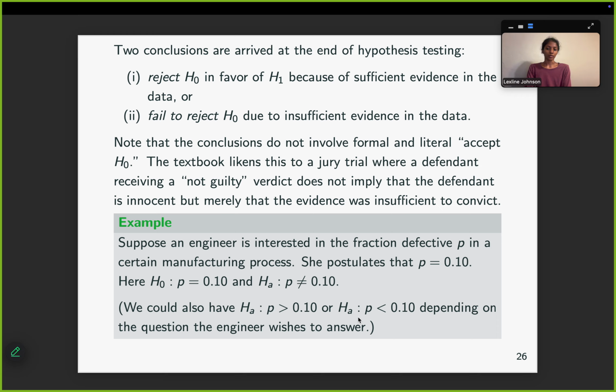And so here our null hypothesis would be P equals 0.1. And then our alternate hypothesis is P is not equal to 0.1. But we could also have our alternate hypothesis be P is greater than 0.1 or P is less than 0.1, depending on what we're looking for.